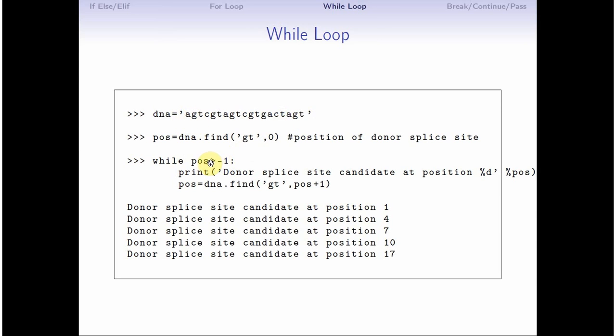Remember what POS represents? It represents DNA.find GT, so it gives you the first occurrence of GT. As long as there is a GT, this will happen. What will happen? It will print donor splice site candidate at position, with some digit to fill in for the position.